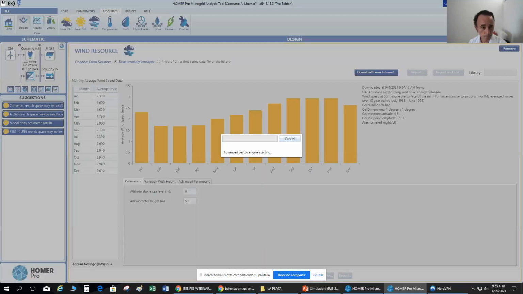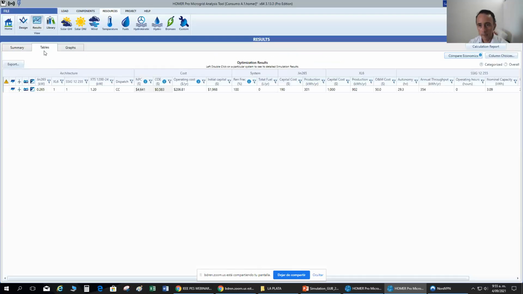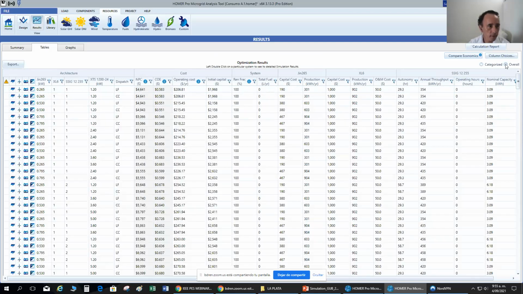360 simulations. Okay, results, show me the tables. Wow, surprise. He gives us, yes, look here. He says, yes, use wind power. Although it is very little resource, I don't know why, he says use it. Use wind turbine.